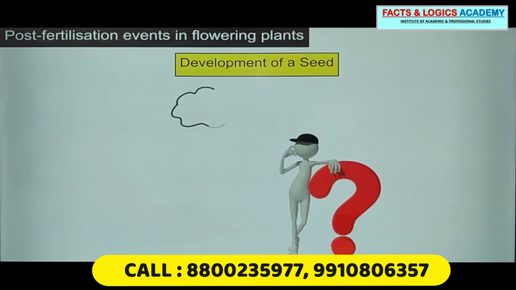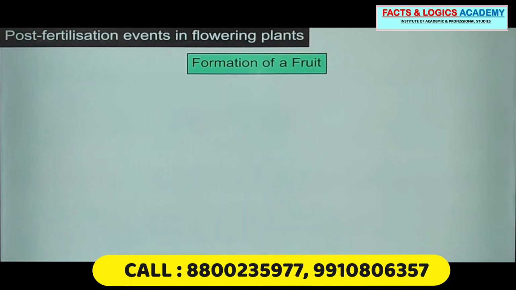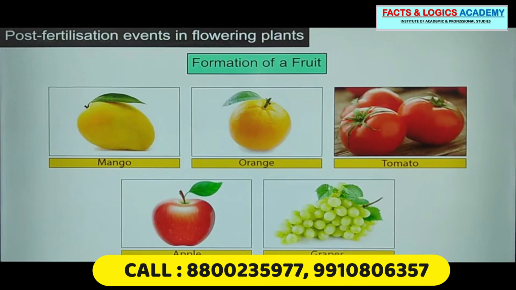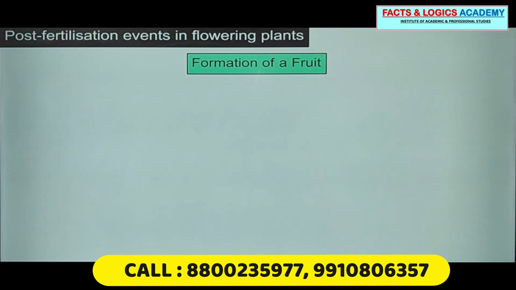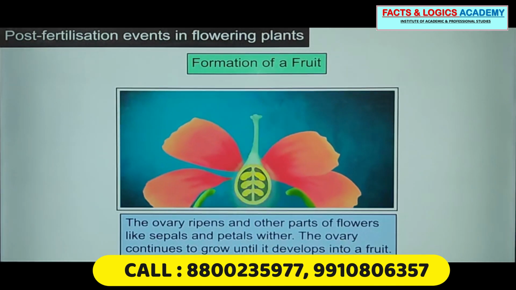Now, we are very well aware of the fact that seeds in angiosperms are covered. But what covers them is my question to you. Yes, it is the fruit. But how? How are fruits formed in angiosperms? Well, let's see. Right after fertilization, the flower loses its shine.